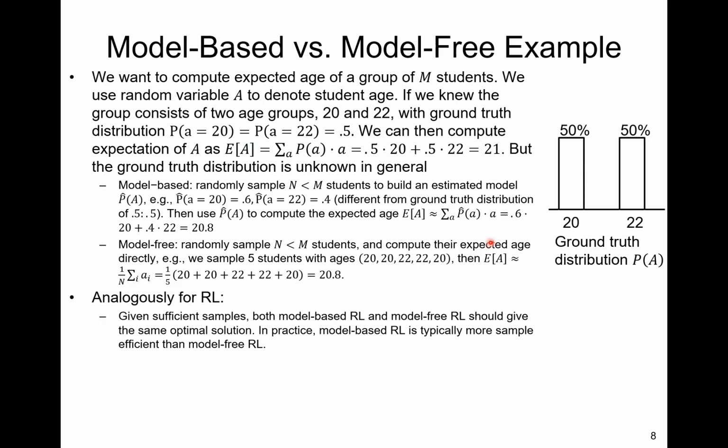For RL, it's analogous. Given sufficient samples, both model-based RL and model-free RL should give the same optimal solution. But in practice, model-based RL is typically more sample efficient than model-free RL, which means that it needs fewer samples to learn a good policy.